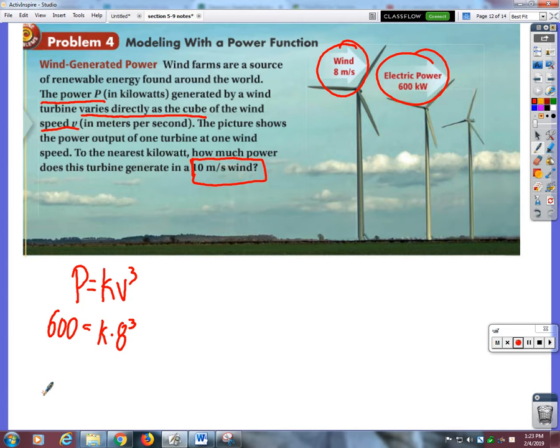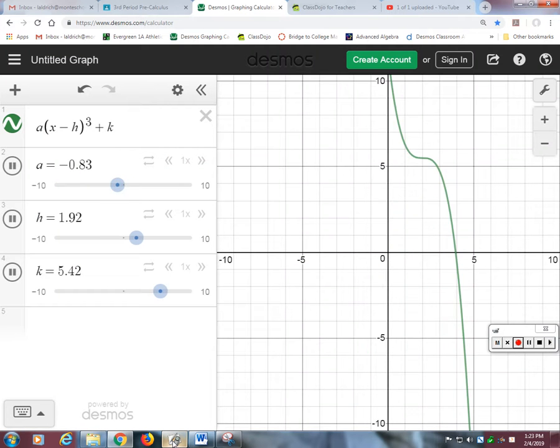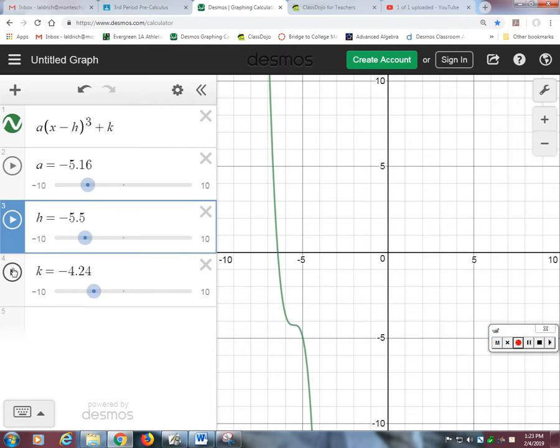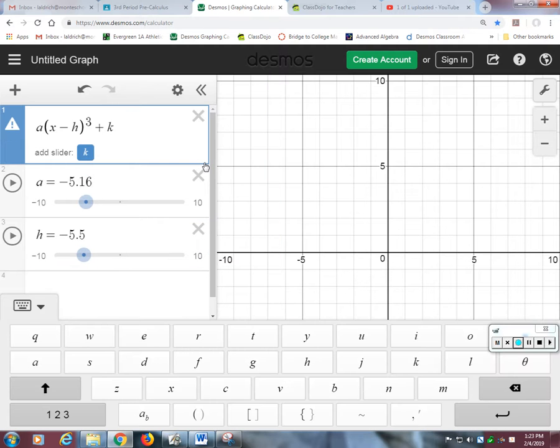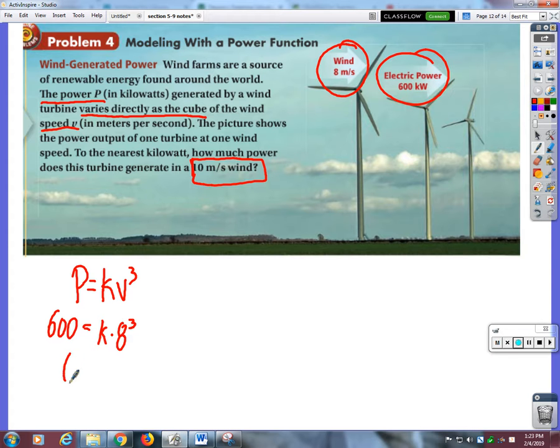Anybody know what 8 cubed is? 8 squared is 64. 8 cubed is 512. So in this case, 600 equals k times 512.